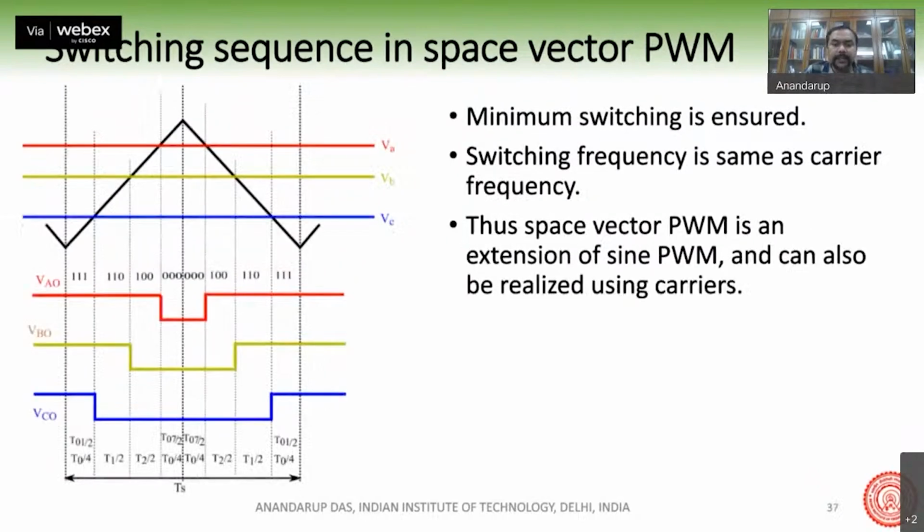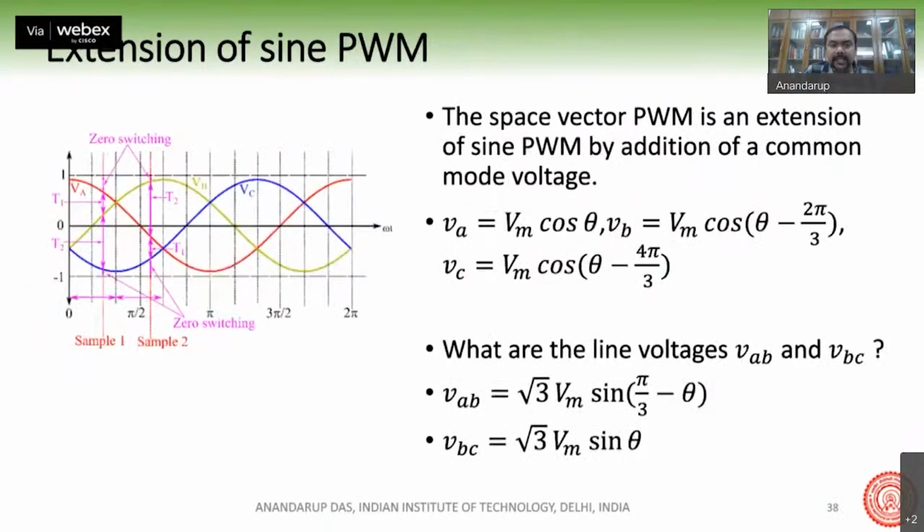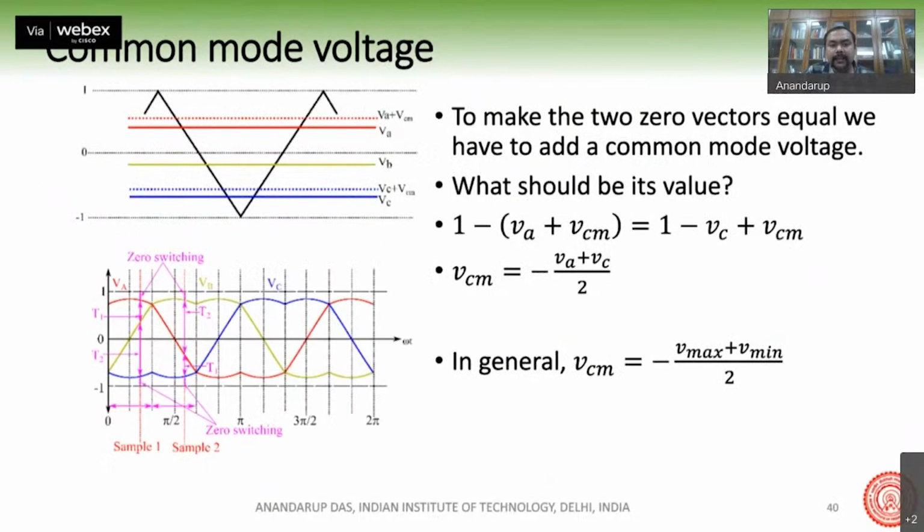Once we do that, these three carriers basically become centered around the carrier which spans between -1 and +1. It comes at the center, and there is a slight modification for this centering, which is done by this common mode addition.